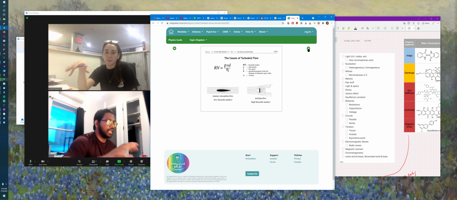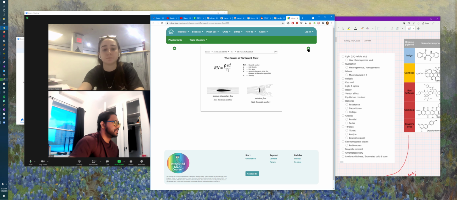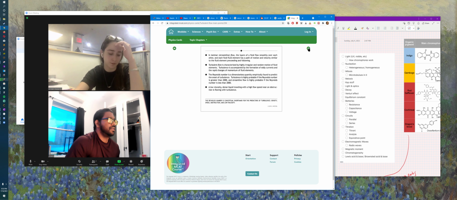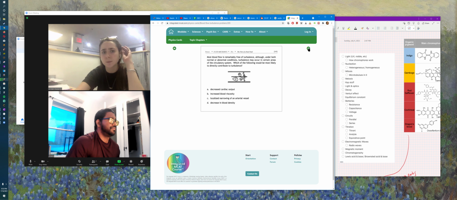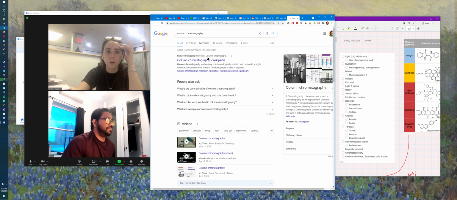So in this case, for column chromatography, the stationary phase is the thing it binds to. Oh no, I thought the mobile phase was what it binds to, not the stationary phase, for column chromatography. Just in general, honestly. Okay.